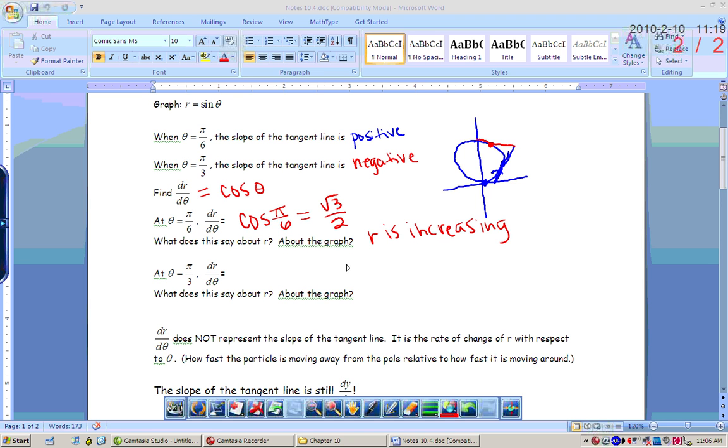If dr d theta is negative, r is decreasing. Okay, if r is increasing, what can you tell me about a point on the graph? What's it doing with respect to the pole? Yeah, it's getting further away from the pole. So in terms of the graph, it's moving away from the pole.